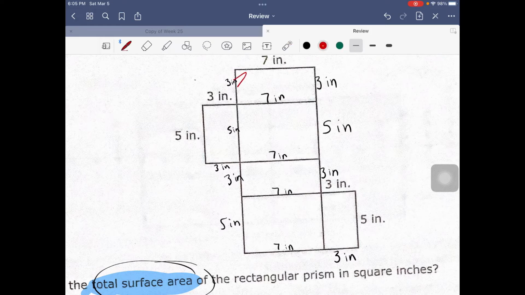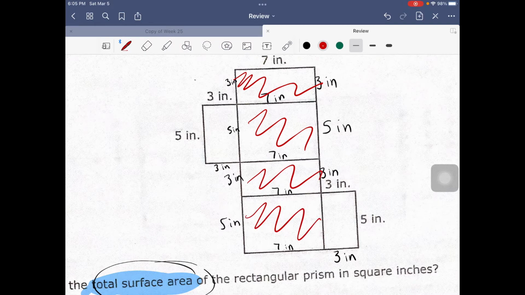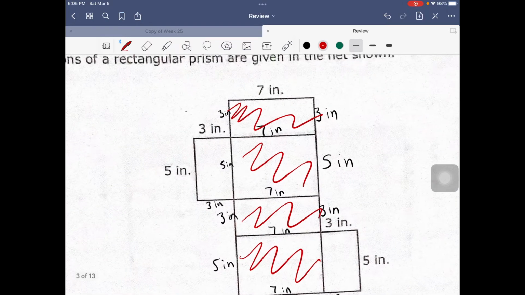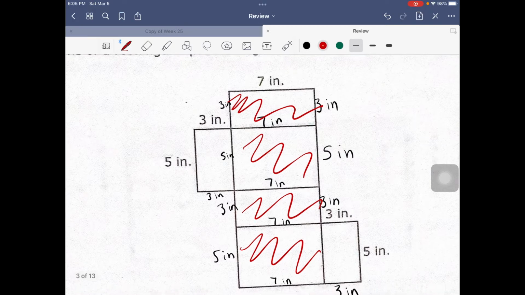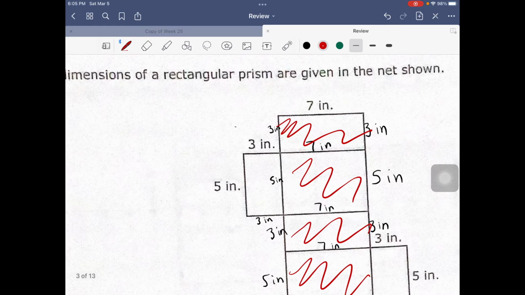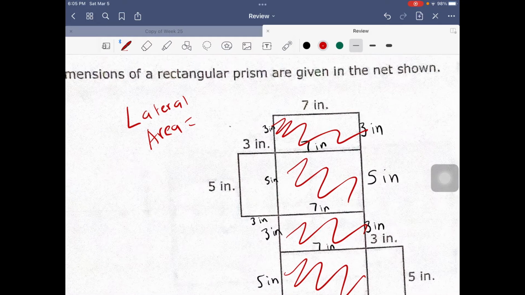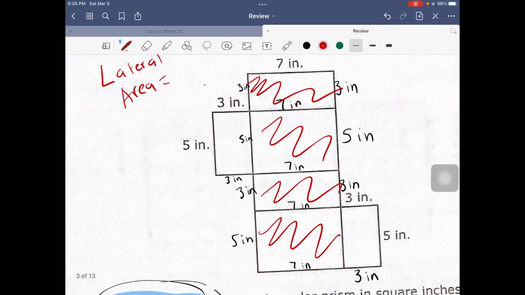Now, I just want to tell you something very quickly. These 4 are considered your lateral faces. If they were to ask for the lateral area, you would add these 4.